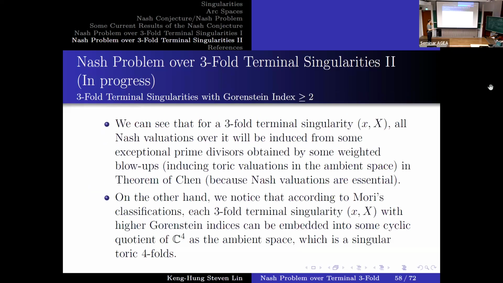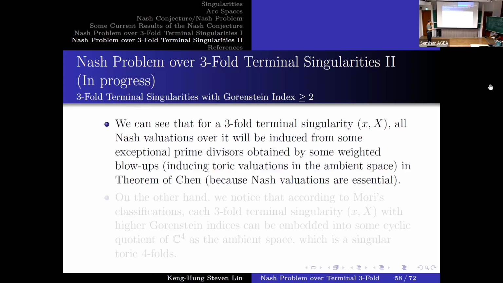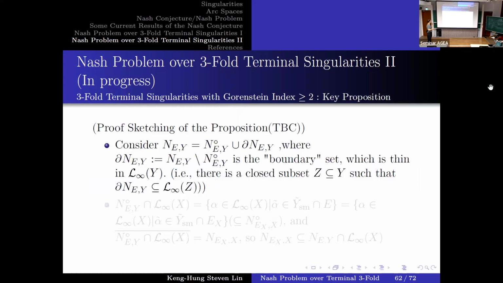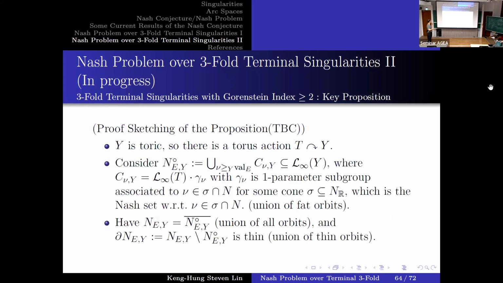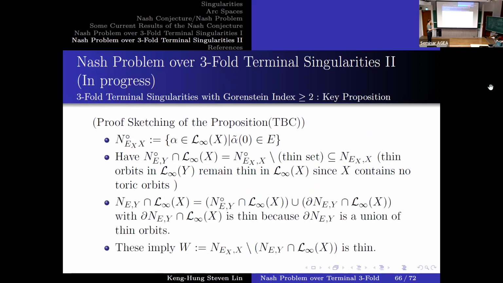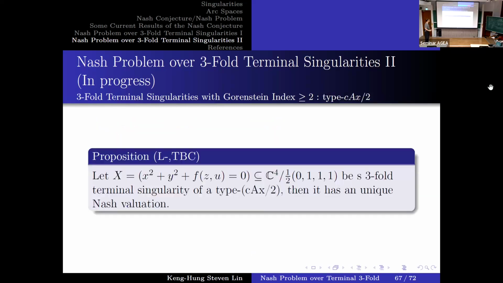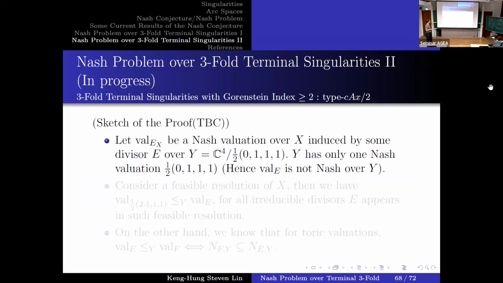As long as this is correct, then we can try to work on this example. This is a proposition I have done. Let X be a three-fold terminal singularity of type cAx/2. If the previous argument is correct, then it has a unique Nash valuation.